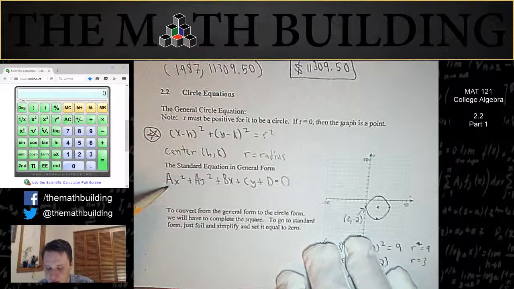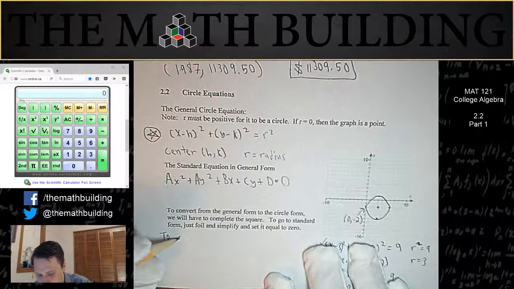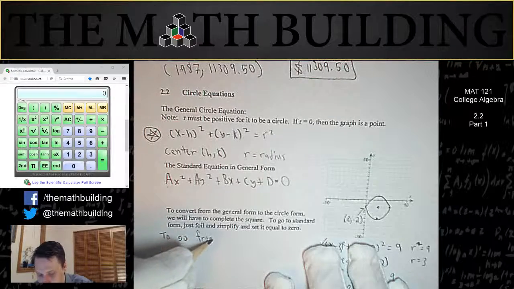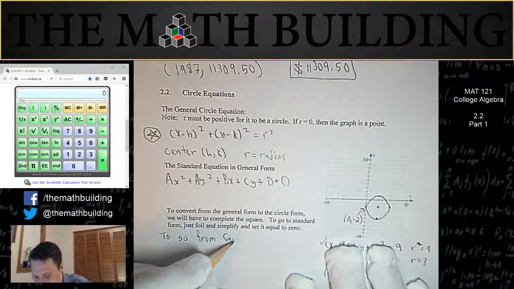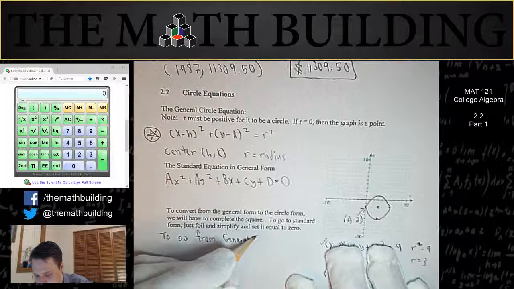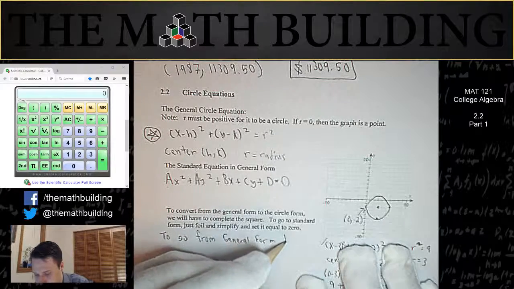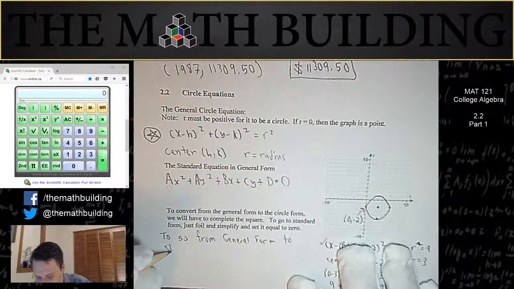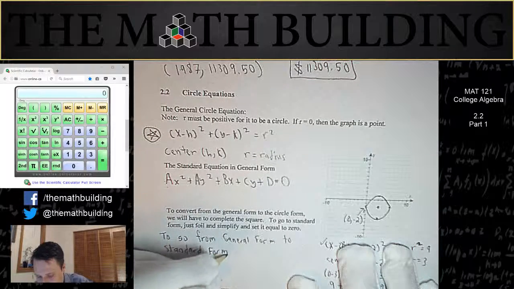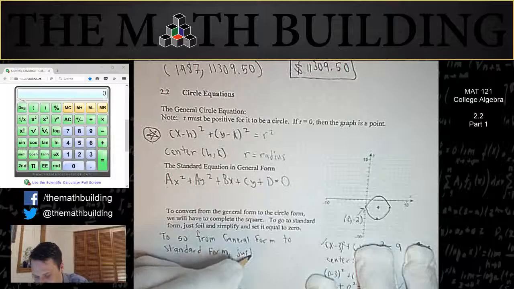To go from general form to standard form, just FOIL and simplify.